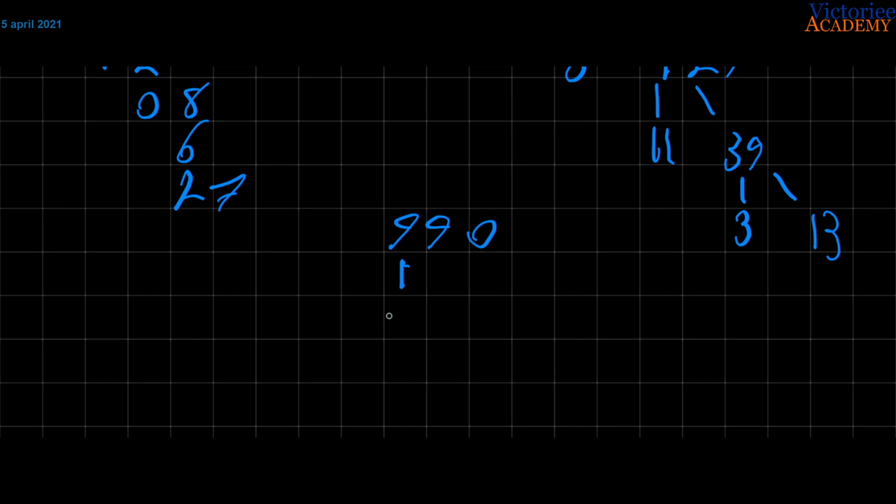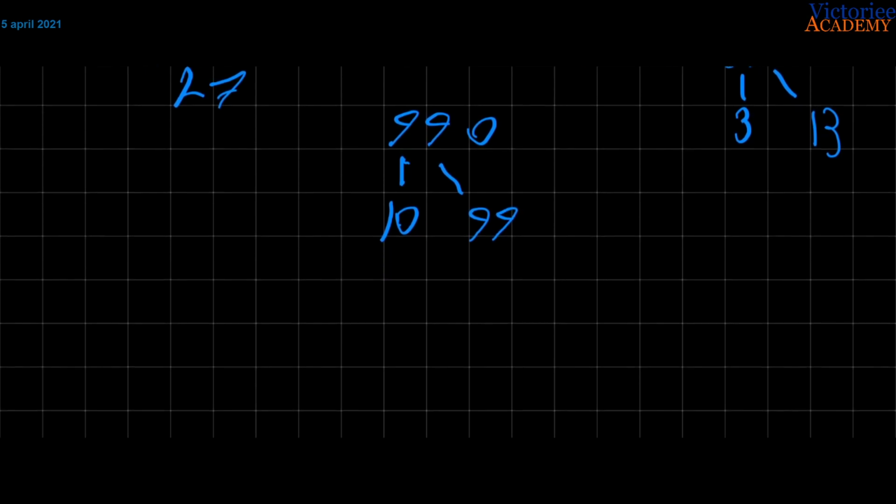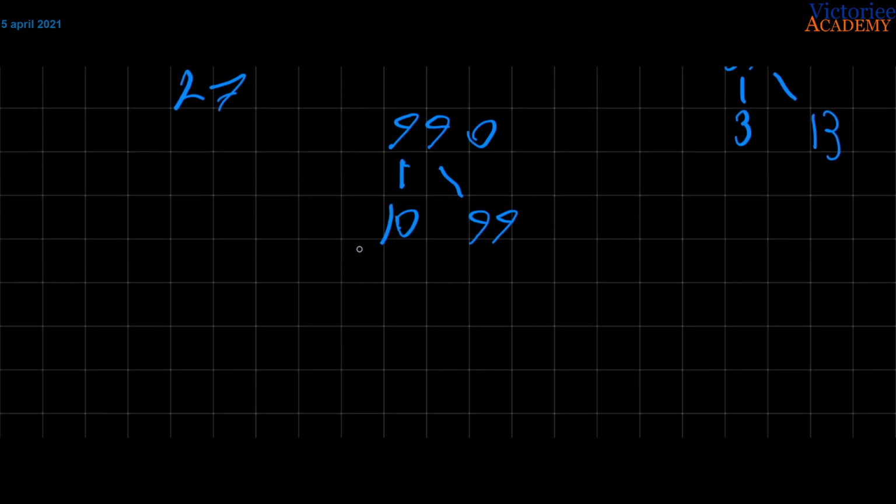I usually start with the prime numbers, but we can do it with 10, and then we get 99. From 10 we get 2 and 5. From 99 we get 3 and 33, and 3 and 11.